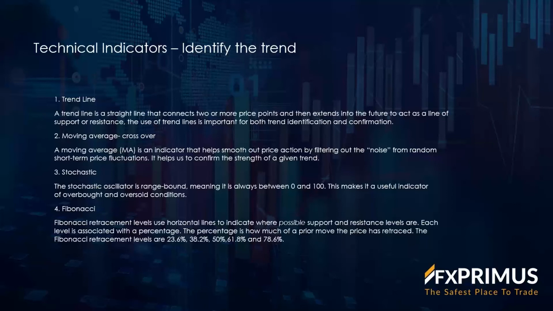Like I've mentioned here, it's 23.6%, 38.2%, 50%, 61.8%, and then 78.6%. So out of these, the 50% level and 38.2% level are the most crucial, and of course the 0 and the 100% levels, which give you an indication if the trend has totally retraced.